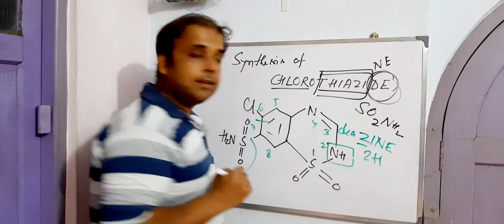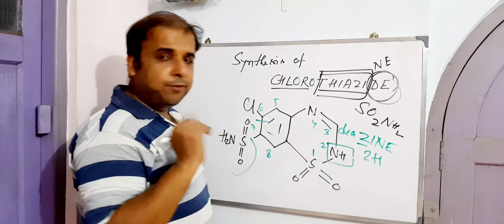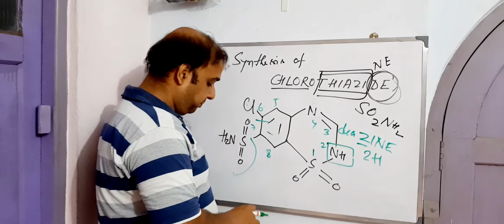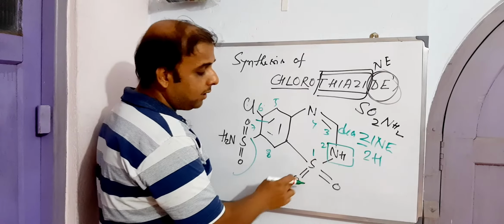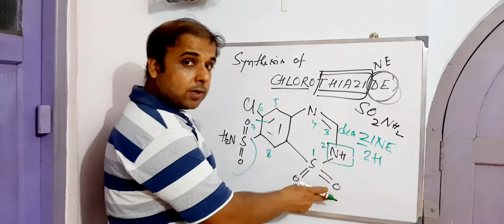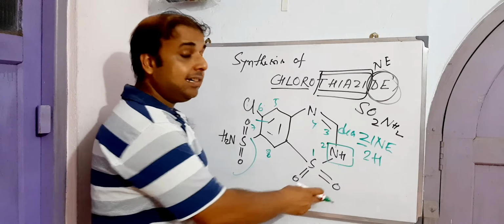Diazine. Then what are we left with? 1,1-dioxide. Then 7-sulfonamide. You can put 7-sulfonamide before, and then we'll put 1,1-dioxide.